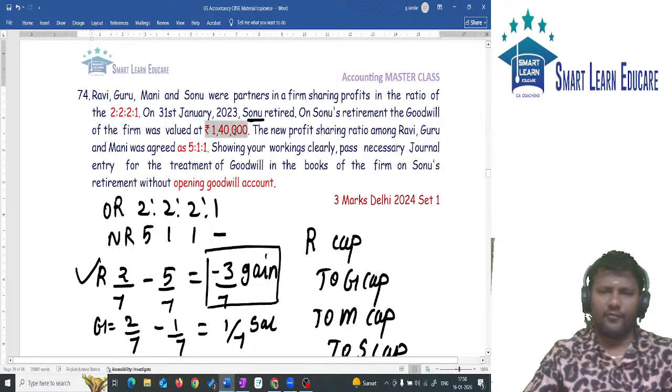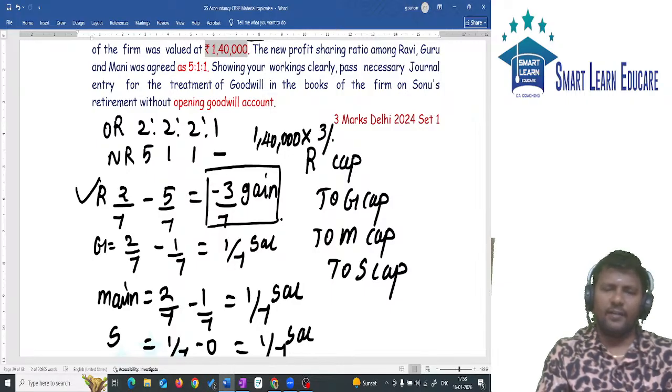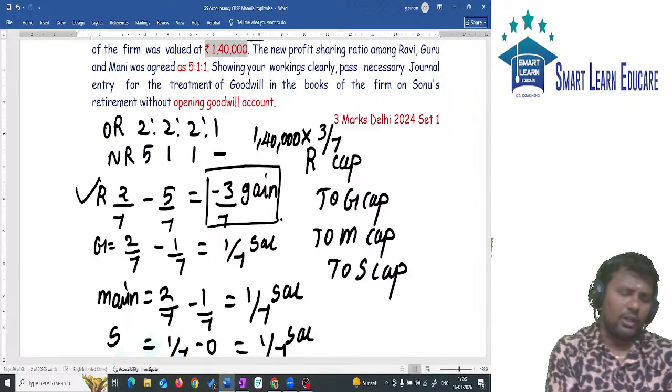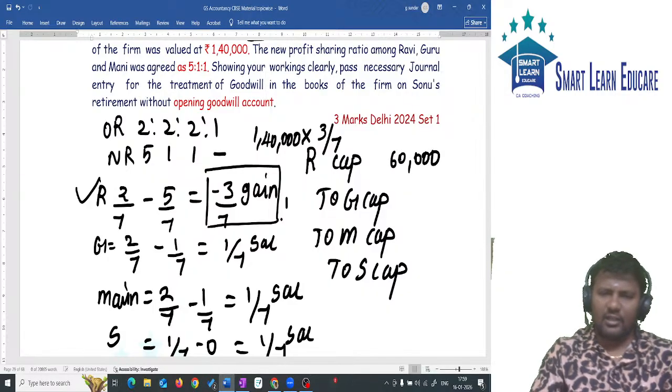Goodwill of the firm is 1,40,000. So it is 1,40,000 into 3/7. What is the amount? 1,40,000 into 3/7 gives you 60,000. Similarly, for the next partner, what is the sacrifice of G? 1/7.